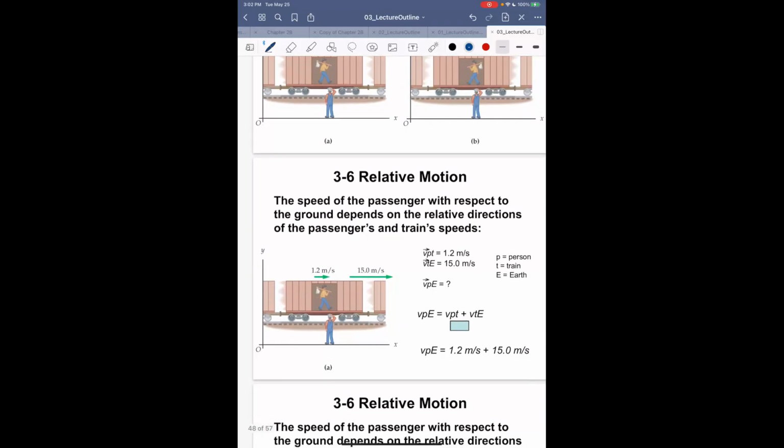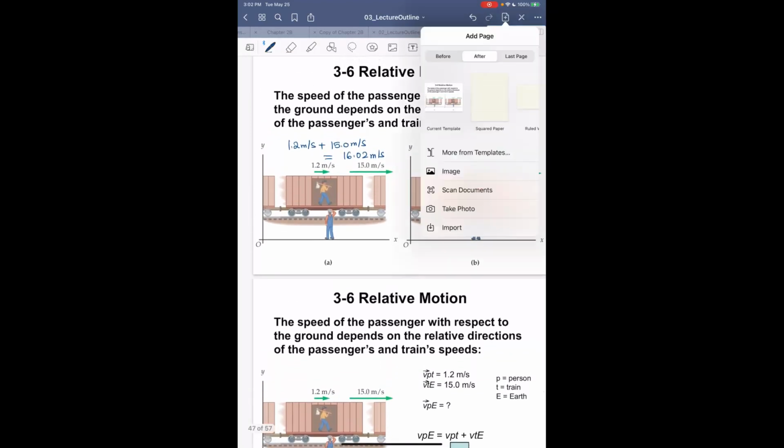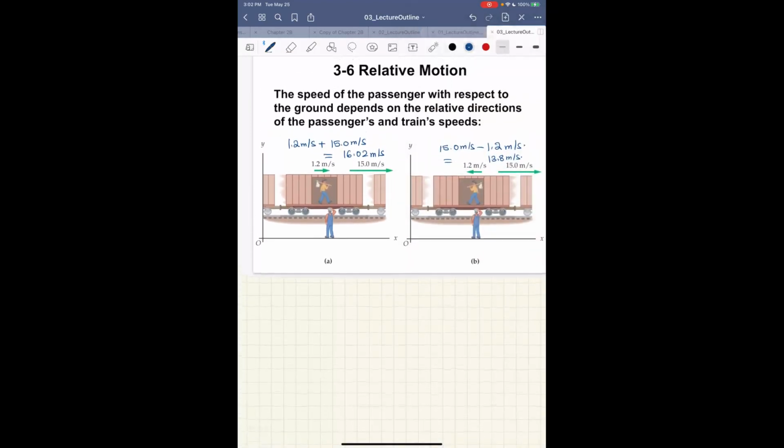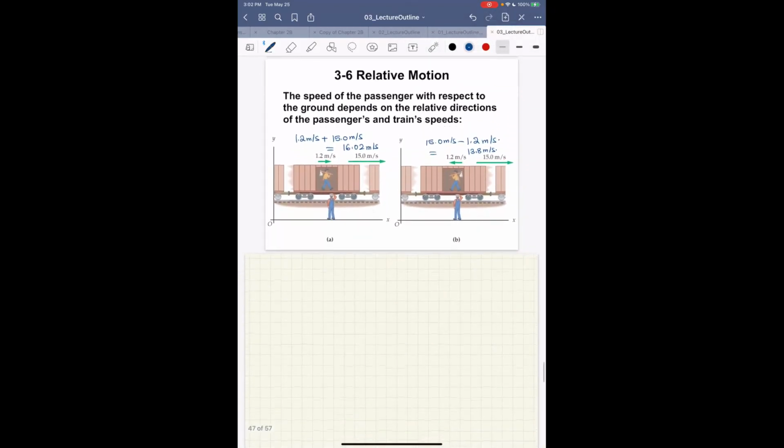Now this is just one dimension, which is very easy to handle, because with the velocities you either add them or subtract them. But here I want to add one more page to explain some of the notations that we are using with relative velocity.